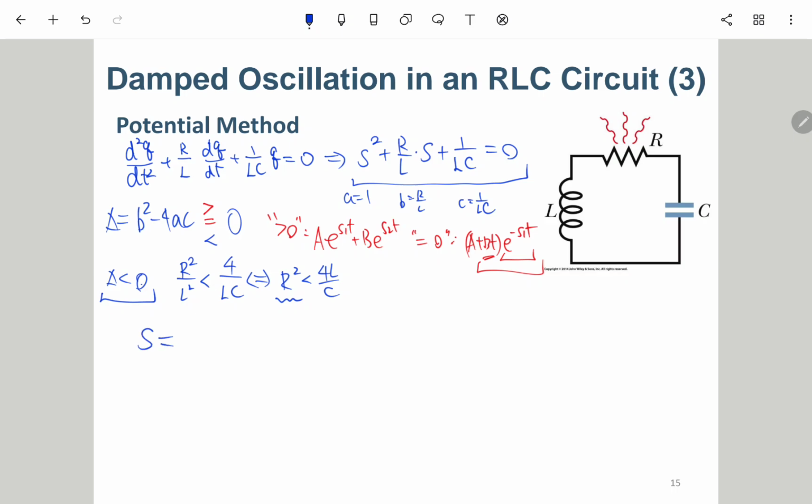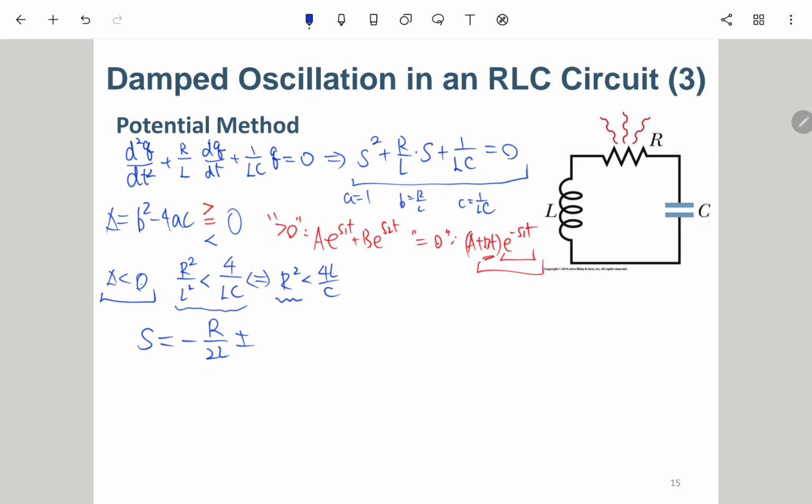The first term will be negative b over 2a, which is negative R over 2L. This is the real part, and then plus or minus the square root of b squared minus 4ac.